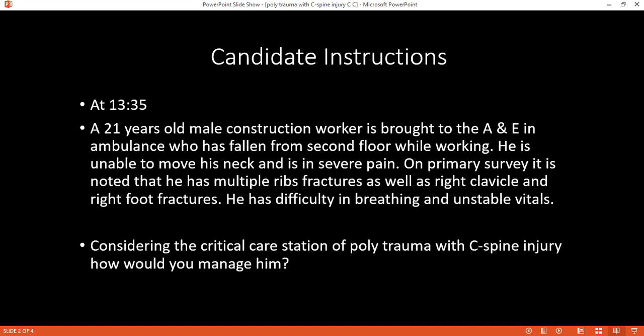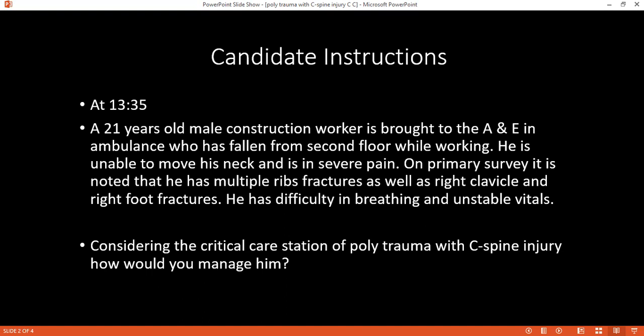And as on primary survey here, it's noted that he has multiple rib fractures. The patient may have pneumothorax or hemothorax. All right. How would you secure the neck of the patient?